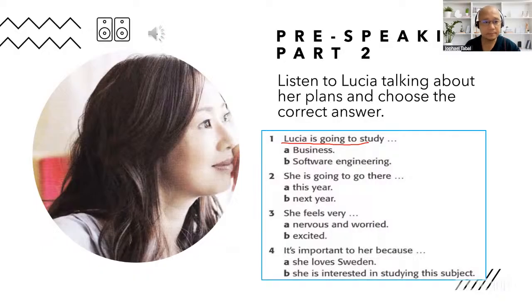Let's begin. I'm going to tell you about my plans for the future. I'm going to study software engineering at university in Umeå, a small city in the north of Sweden. I'm going to start next year in October. I'm extremely excited about it. It's going to be an amazing learning experience. I really can't wait, but I'm slightly nervous too.